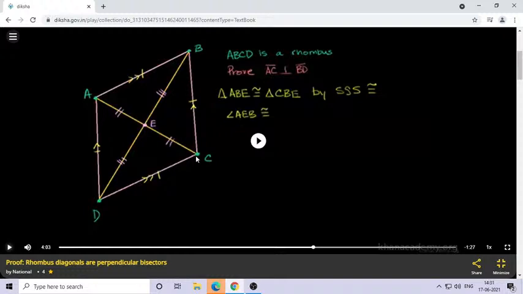Okay, so after taking these two as equal and adding them, their sum should be equal to 180 degrees. And since they are equal and their sum is 180 degrees, you will get the value of x equal to 90 degrees. And if it is 90 degrees, we can say that they are perpendicular bisector.